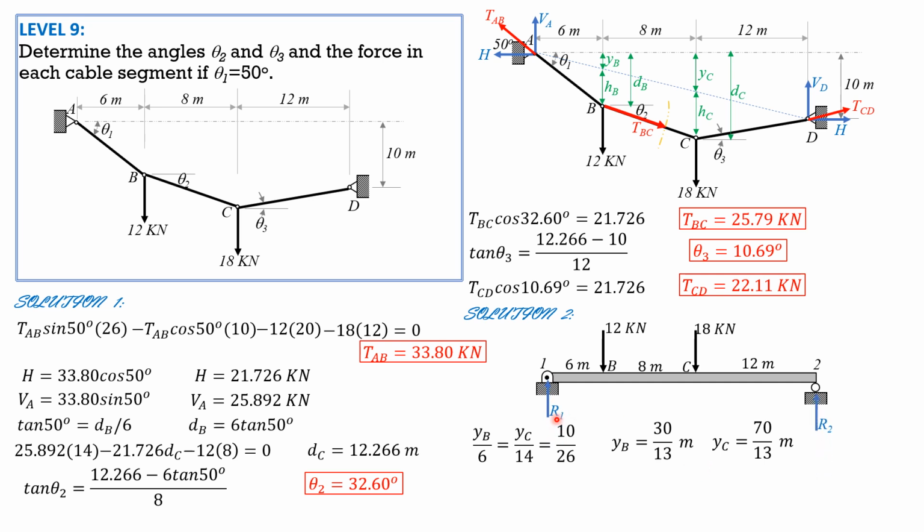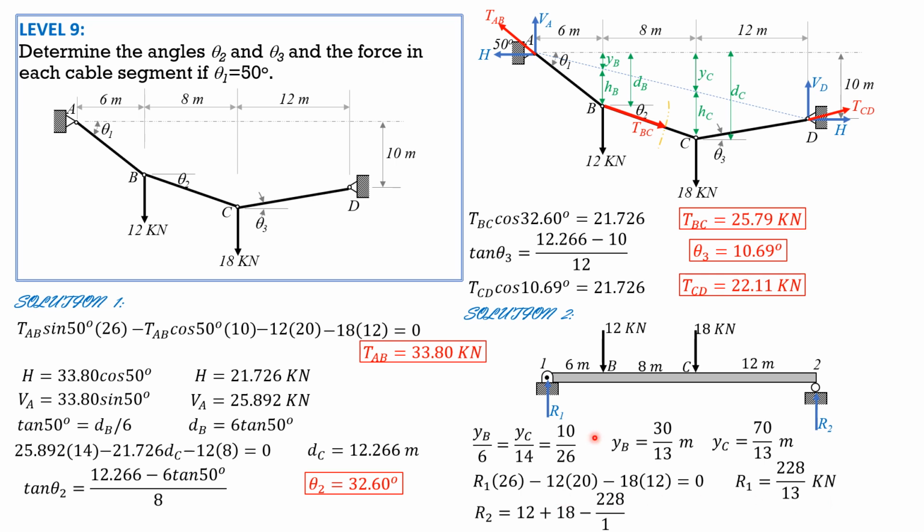Then R1 and R2. Summation of moments about point 2 equals 0. So R1 times 26 minus 12 times 20 minus 18 times 12 equals 0. So R1 is equal to 228 over 13 kilonewtons as shown.